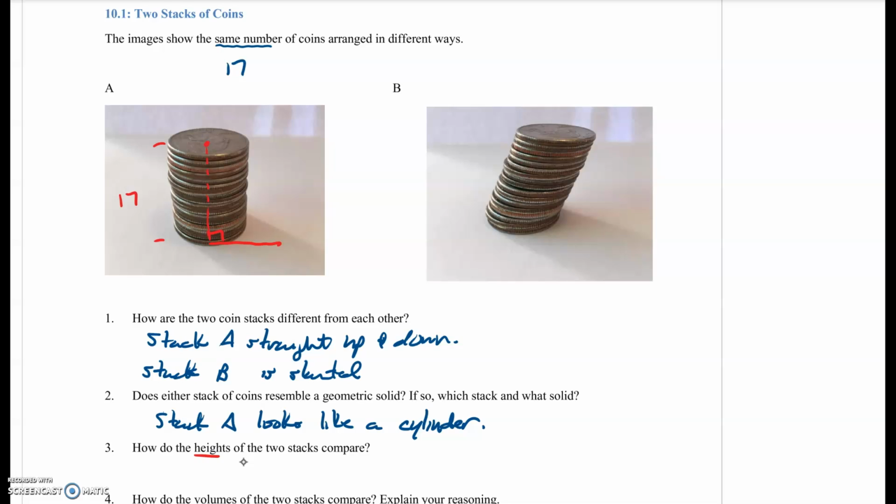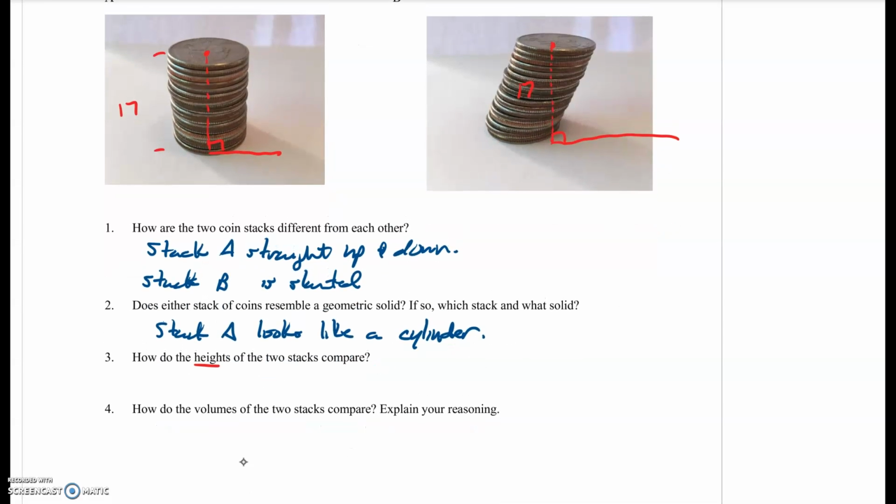Let's look at the height of stack B, remembering that if we're going to measure this height, we have to go at a 90-degree angle, right? So this stack is also 17 coins high. So notice that the two heights are the same, and they are 17 coins high.